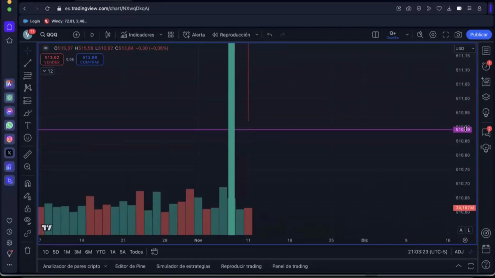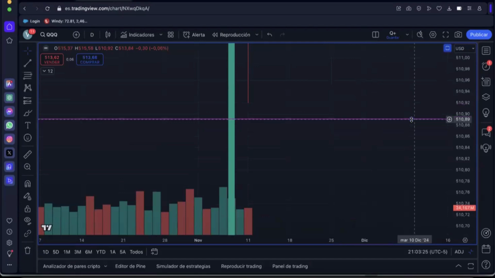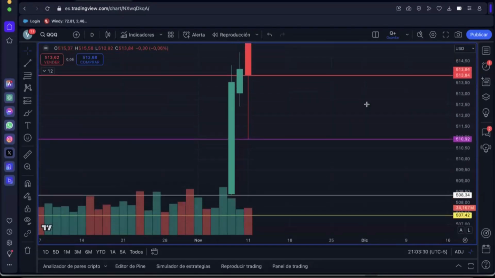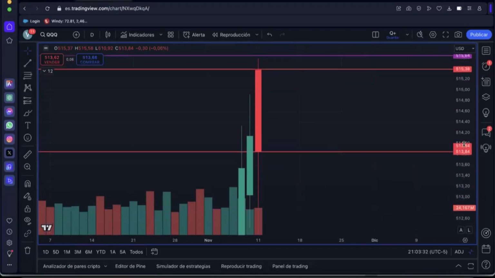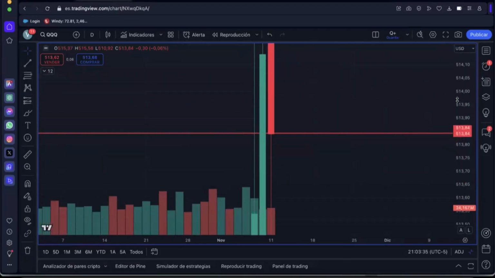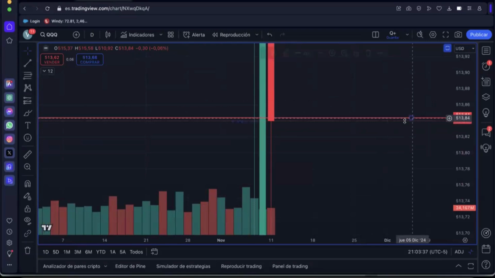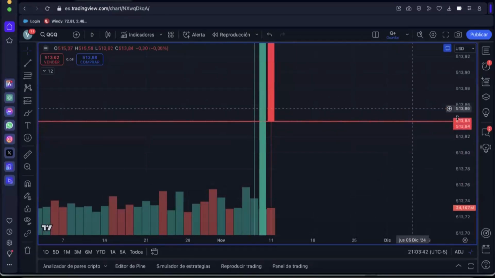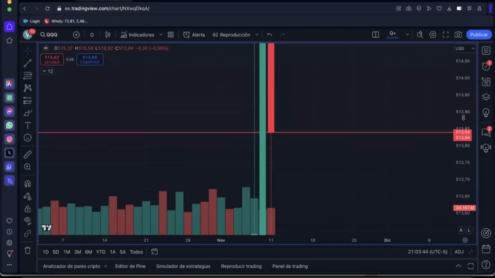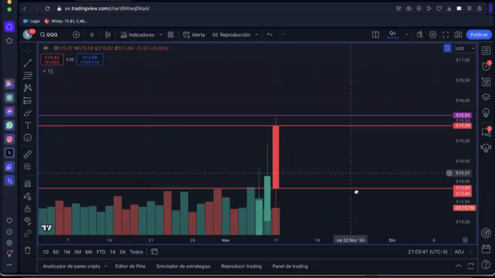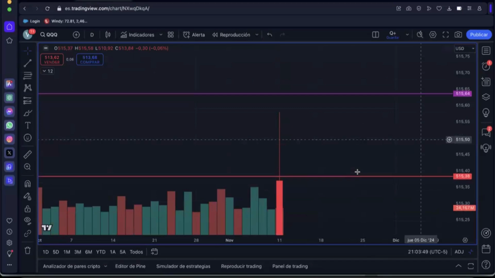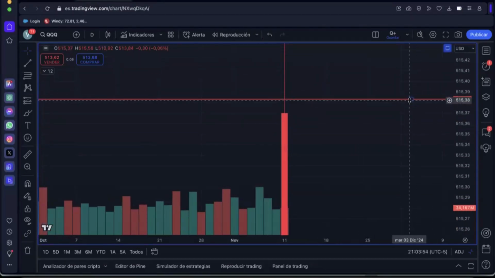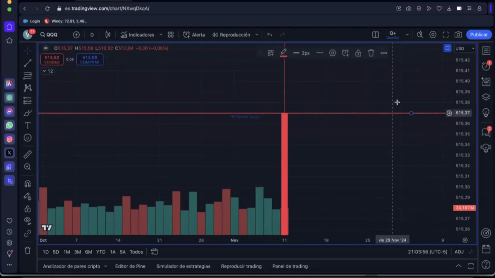Normally I zoom out just to make sure that I'm marking the right ones. Okay, keep marking. I try to be as exact as possible. That's why I zoom a lot. Try to get it as good as possible. Boom.